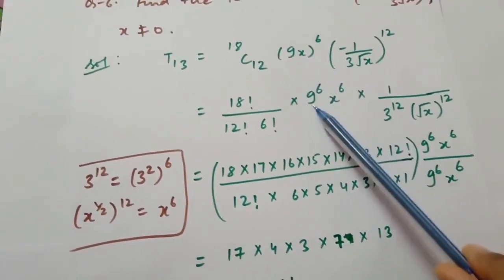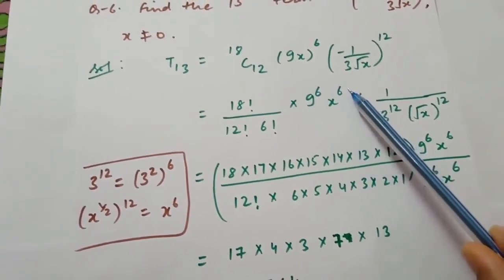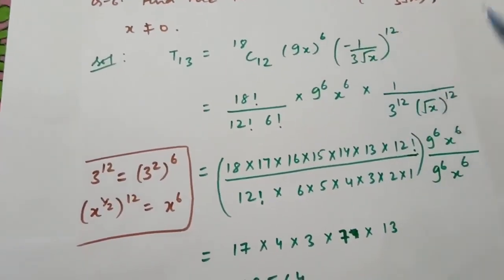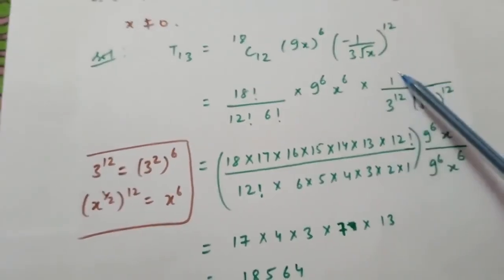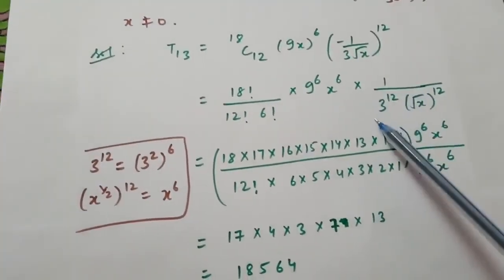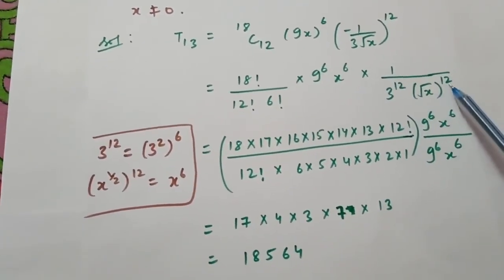Writing this separately, 9 raised to the power 6 into x raised to the power 6. Also now minus 1 raised to the power 12 is 1. And separating for this also the power of 12, so this will become 3 raised to the power 12 into root x raised to the power 12.